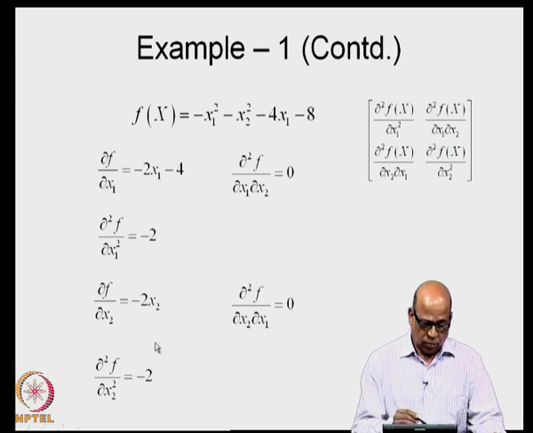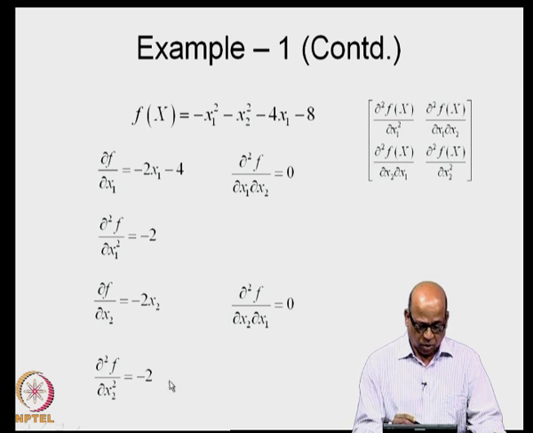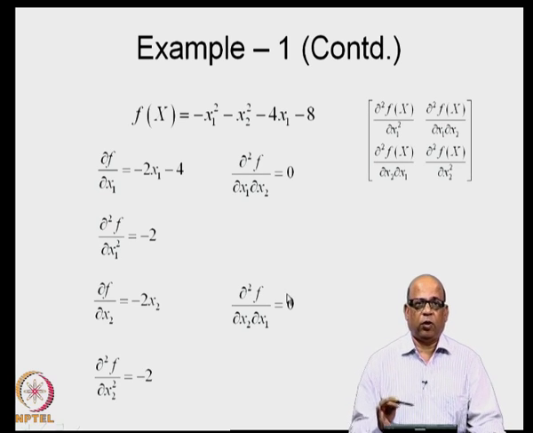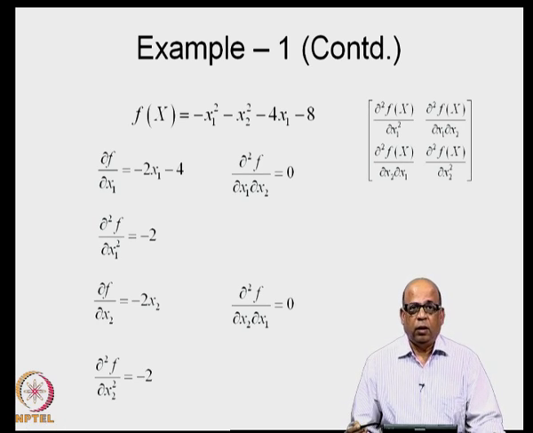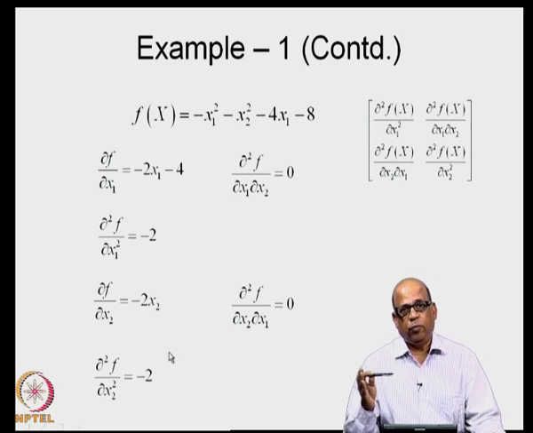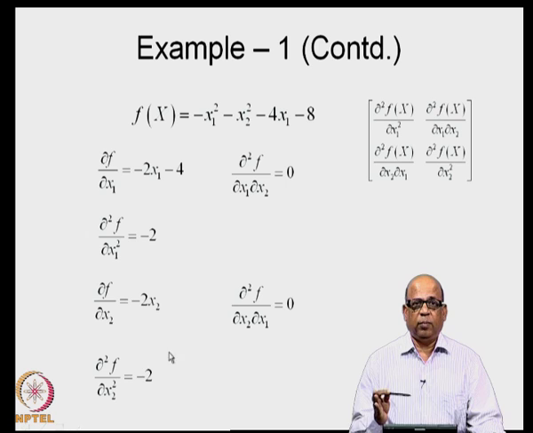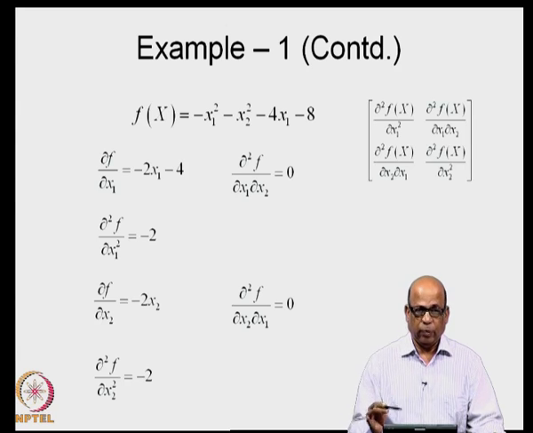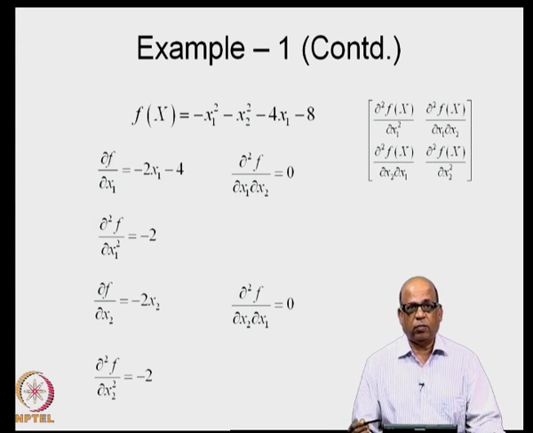Look at these values now. The second order derivatives are all constants here. That means they are not functions of either x1 or x2. In general, however, they will be functions of x1 and x2, and therefore you have to evaluate the Hessian matrix at the particular stationary point by substituting the values of x1 and x2.